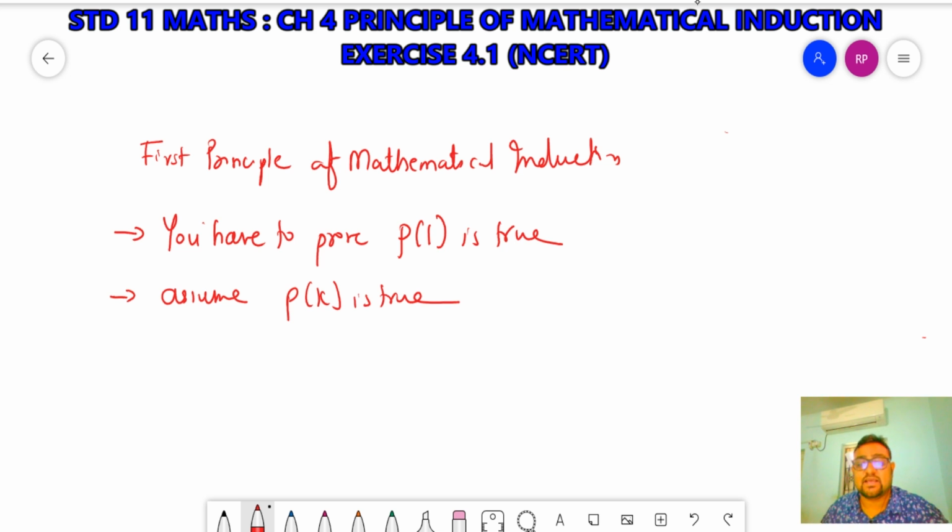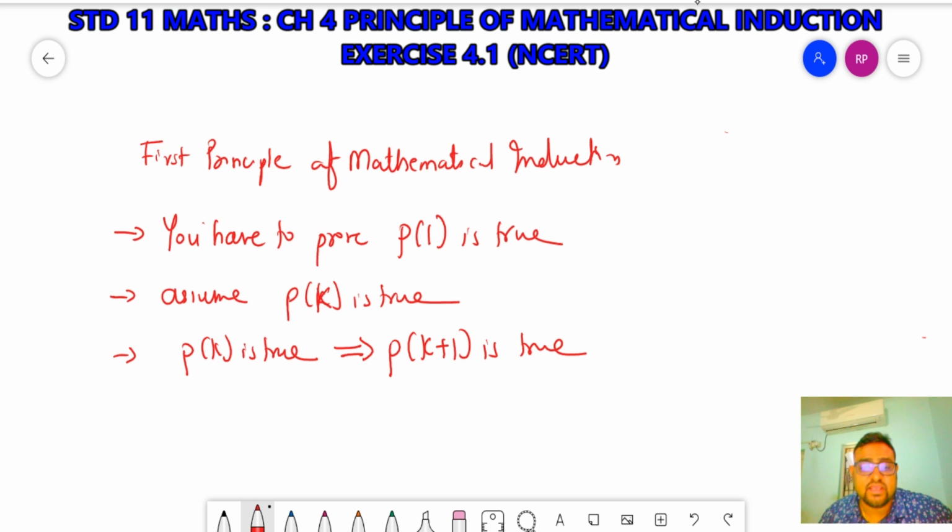Means in your second step you have to write, let P of K is true. So in the given equation, wherever there is x or n, put the value as K. And third, as P of K is true, this must imply P of K plus 1 is true.